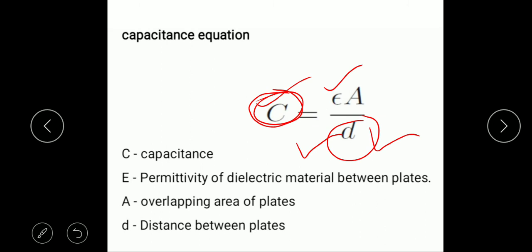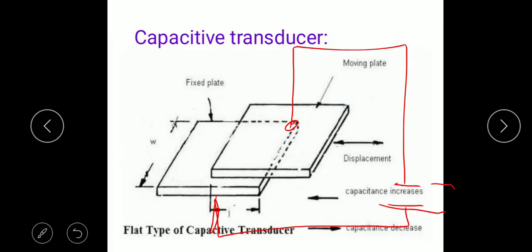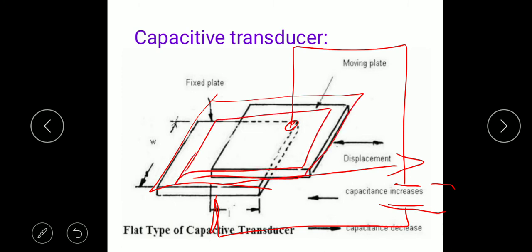Okay, then come to the diagram. Here we can see the displacement done by the moving plate. At the initial condition, we consider that the moving plate covers the whole area of the fixed plate.